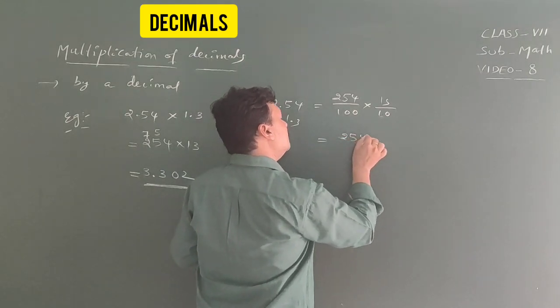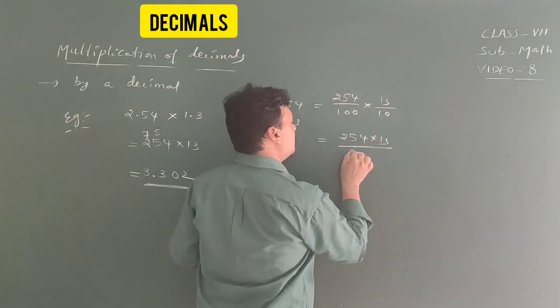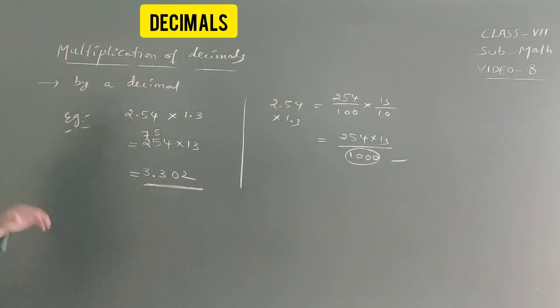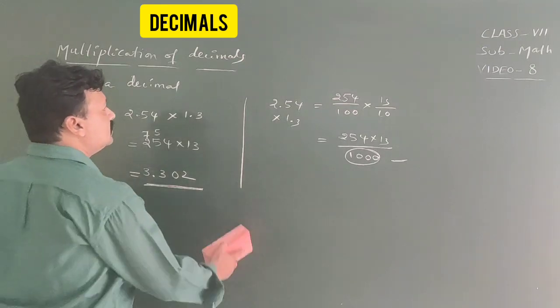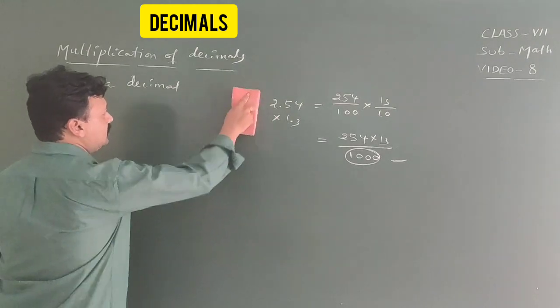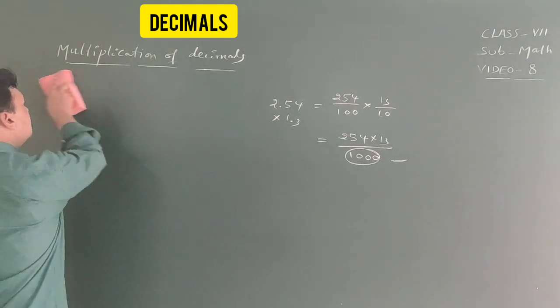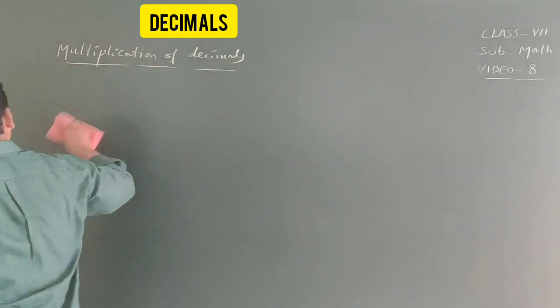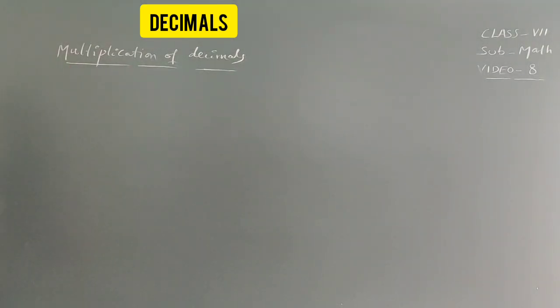Here 254 into 13 by 1000. 1000 has 3 zeros, so with respect to the denominator, we get the decimal places in the given decimals.